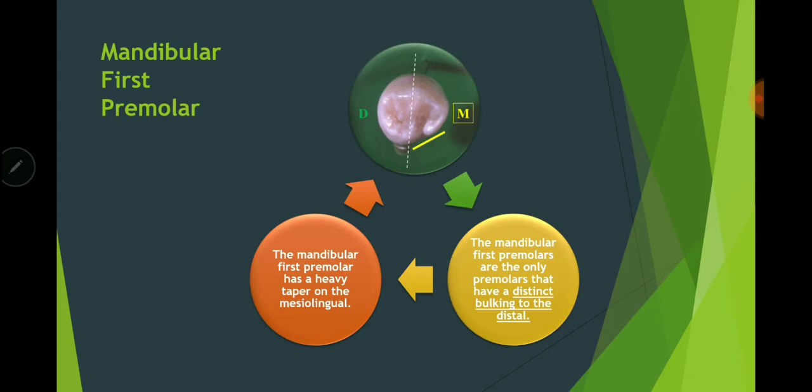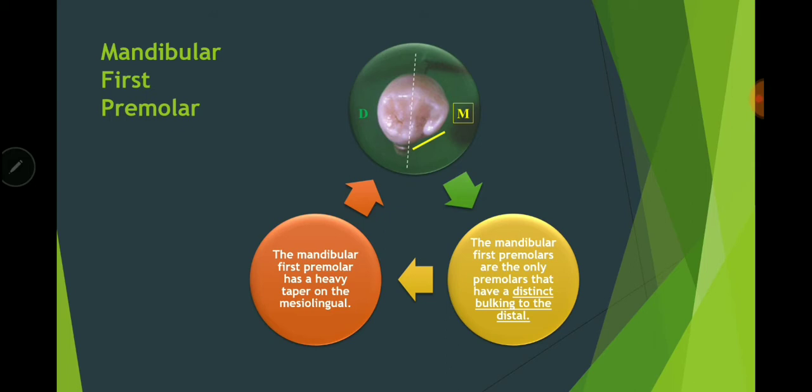It is the mandibular first premolar. Which premolars routinely bulk to the mesial? It's the maxillary first premolars. Okay, so mandibular first premolars bulk to the distal. Maxillary first premolars bulk mesial.